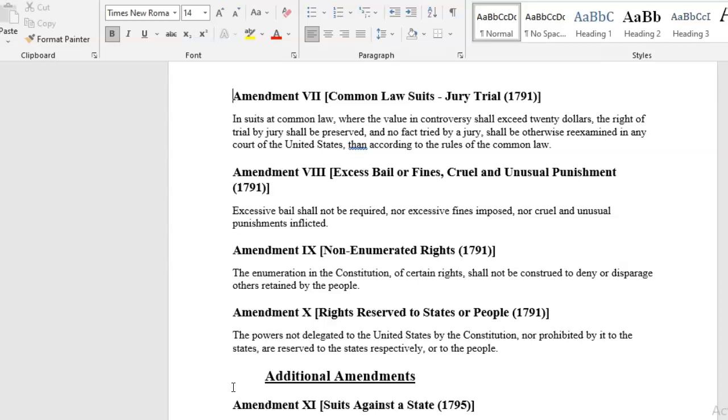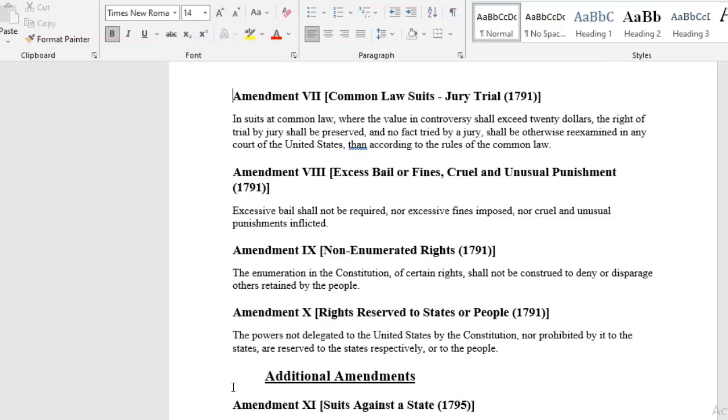In suits at common law, where the value in controversy shall exceed $20, the right of trial by jury shall be preserved, and no fact tried by a jury shall be otherwise re-examined in any court of the United States than according to the rules of common law.